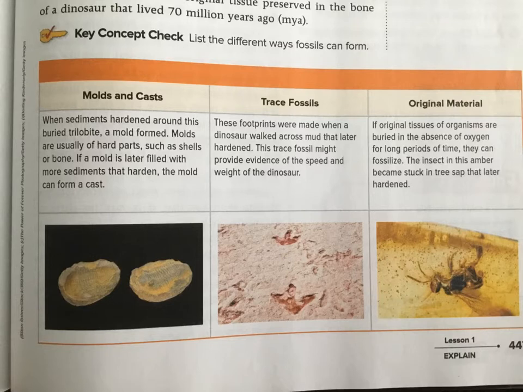The organism ends up decaying, leaving behind its imprint, creating a mold. And then if that mold refills with more sediment, with a different sediment, then it becomes a cast. So this is your mold, and then this is your cast that came out of the mold.